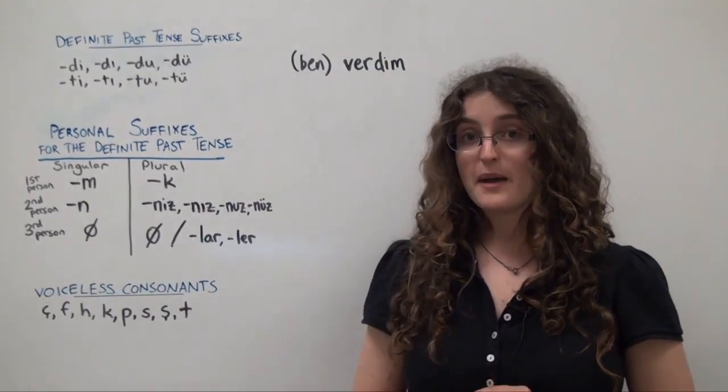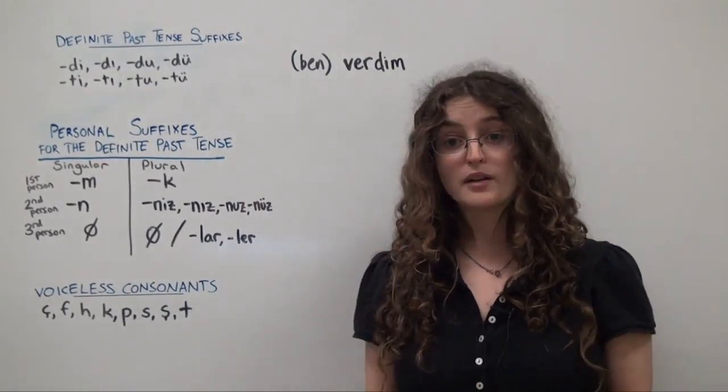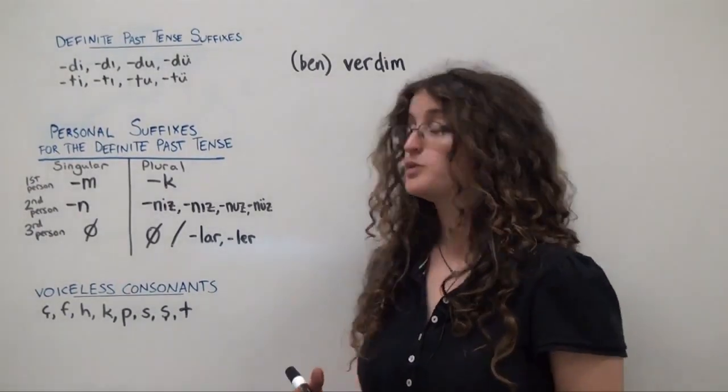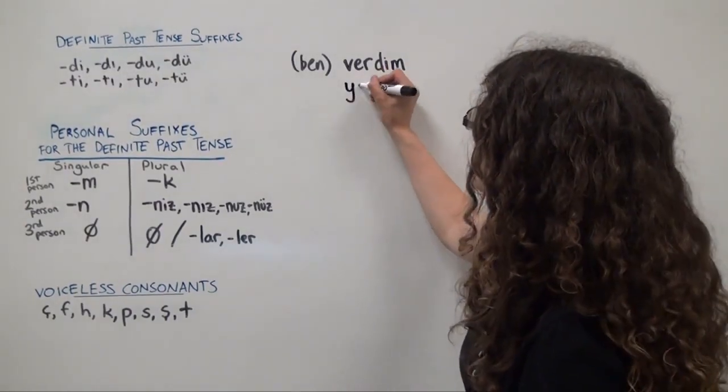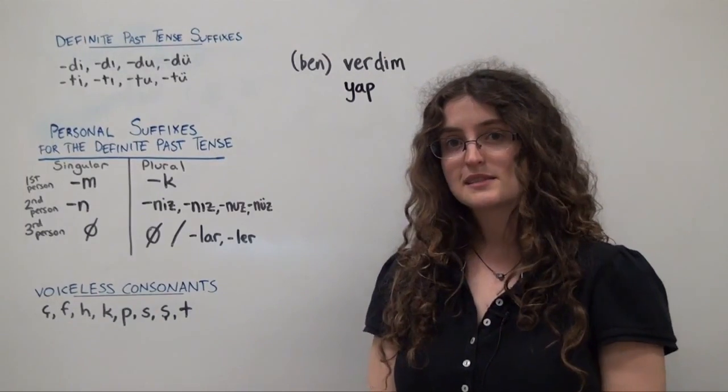If your verb stem ends in a voiceless consonant, like the verb stem yap, from yapmak, the Turkish verb meaning to make or to do, yap, that pe is one of our voiceless consonants.